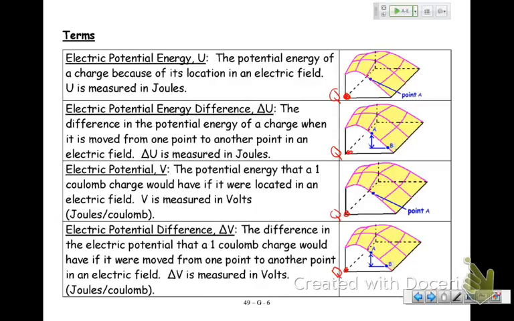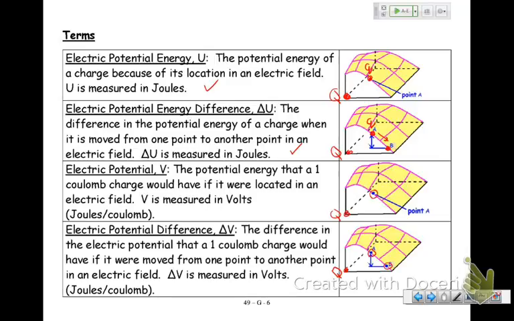So this is kind of different. Now we're causing the electric field, and now I'm saying, oh, in my potential energy and my potential energy difference, I'm taking a charge. There's my potential energy at that point, and my potential energy difference is taking that charge from there to there. That's little q, that's little q. But my potential and my potential difference is taking the point of interest and moving it from there to there.